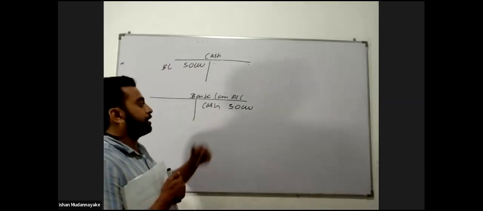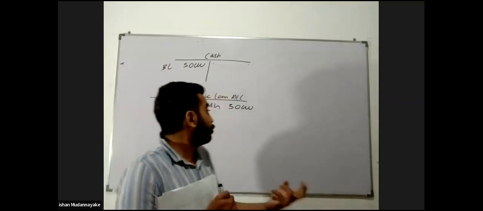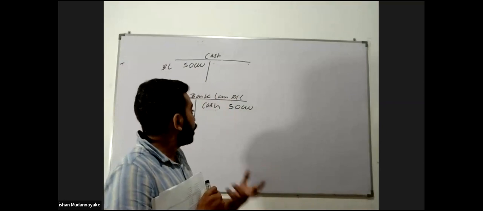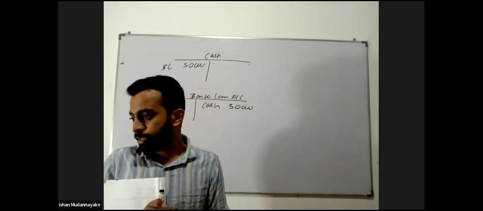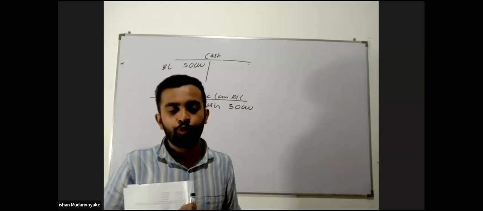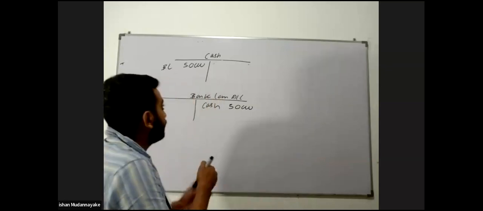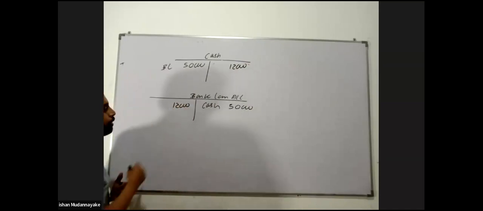Liability account credit. Let's say you paid 12,000 to settle the bank loan. You paid a 12,000 bank loan installment. Then cash outflow, cash book credit 12,000, bank loan account debit 12,000.